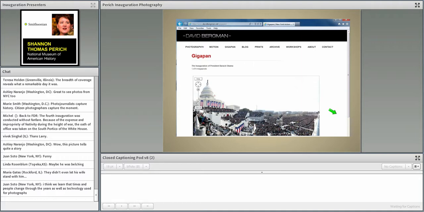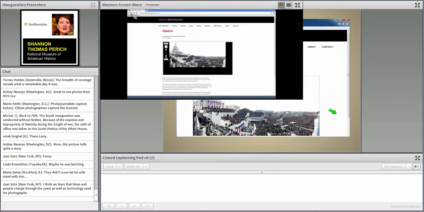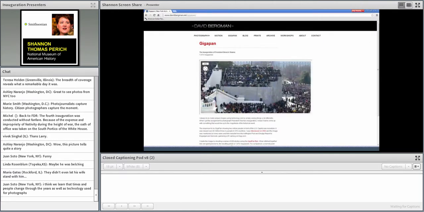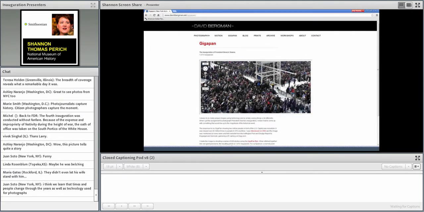Now let's jump to the 2009 inauguration and look at the photograph. We're going to come back to Gardner's photograph in just a moment, but let's explore this one for just a moment. Great, and so what we're bringing up on your screen is actually a screen share of the photographer's website, where you can go on your own as well and take a look at this photo with zoom capabilities.